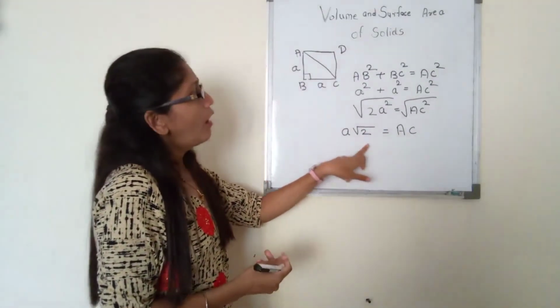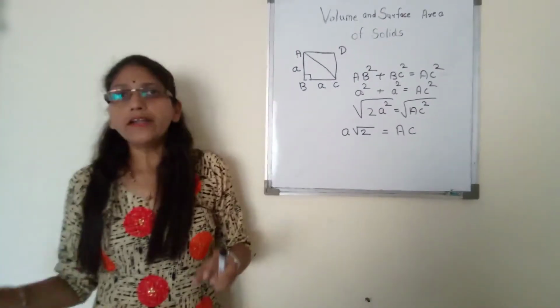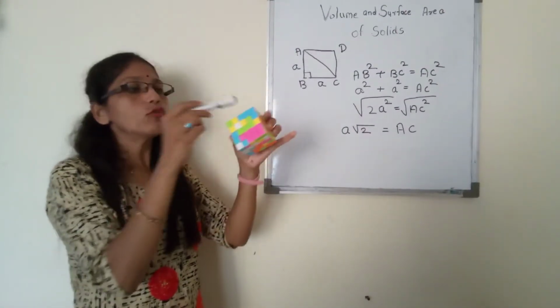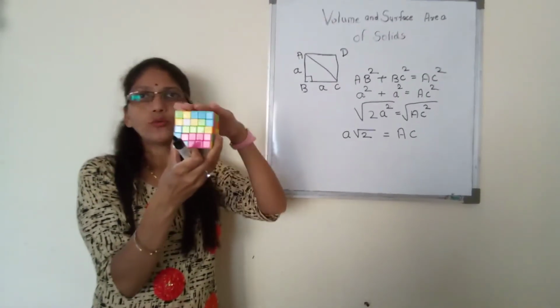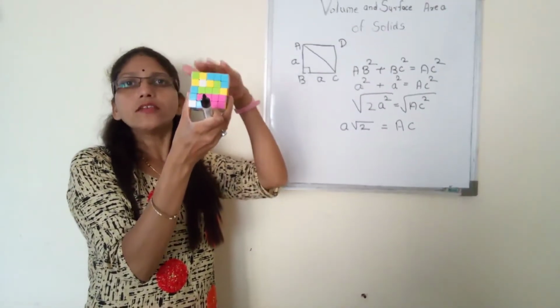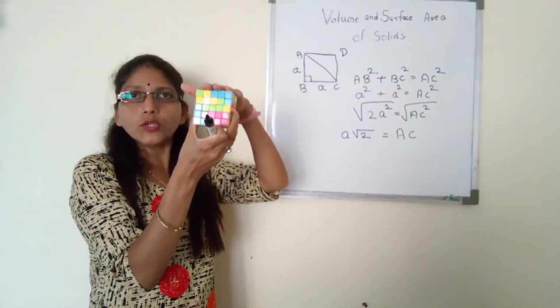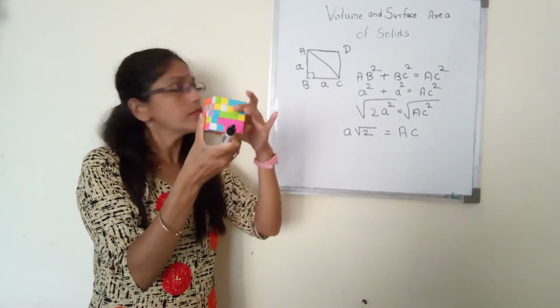a√2. Again, what I will do here, we have to find out the diagonal of the cube. As you know, this cube, I know this is a kid's toy, but this is a cube. This cube is made up of 6 squares.